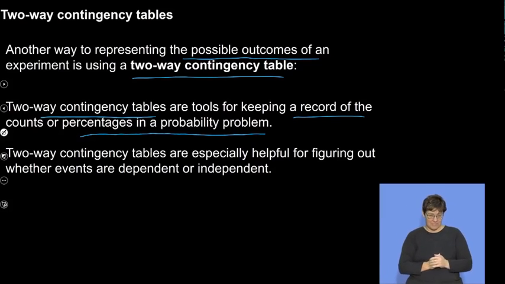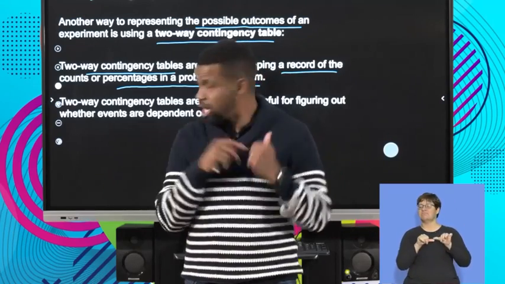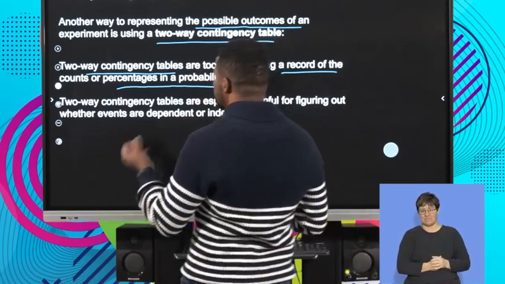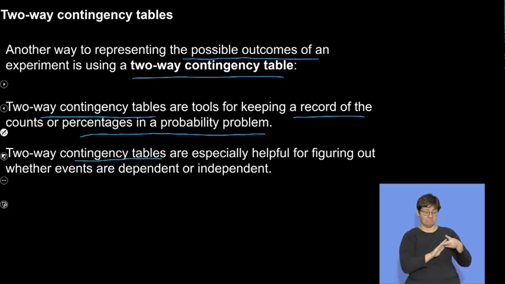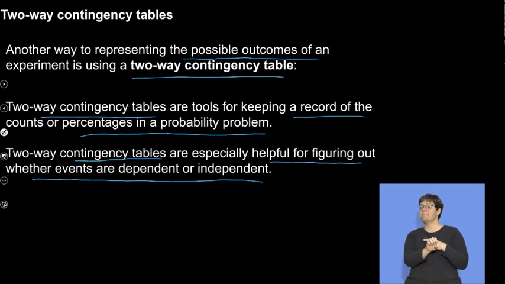Reports, especially the COVID report, they put tables. That's another example of a contingency table. Two-way contingency tables are especially helpful for figuring out whether an event is dependent or independent.